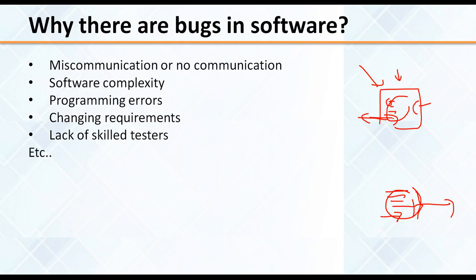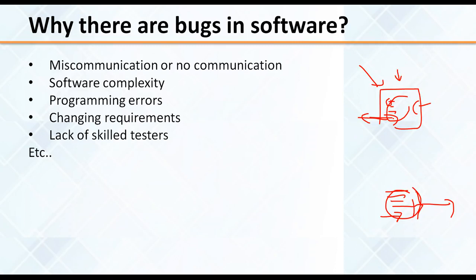So these are the major five reasons we need to consider for why software has bugs: miscommunication or no communication, complexity of the software, errors in the programming by the developers, frequently changing requirements by the customer, and no proper skills for the testers.